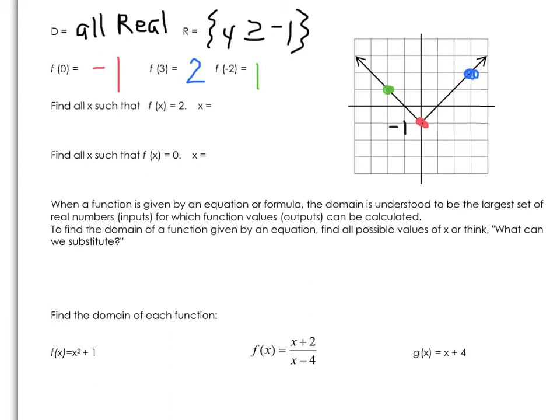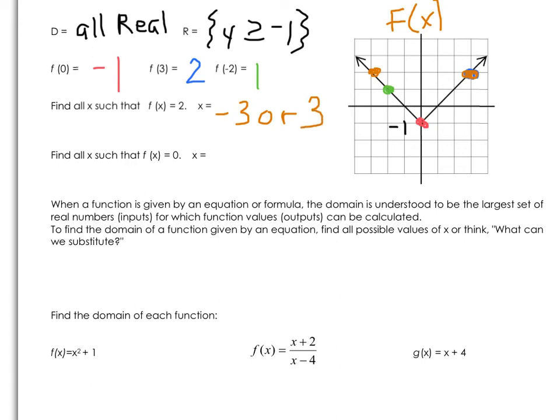Find all x such that f of x equals 2. f of x equals 2, the function f of x is the same thing as saying y, so where f of x is 2. That happens here, but it also happens here. It happens in two different places. f of x is 2, so x is -3 or +3.